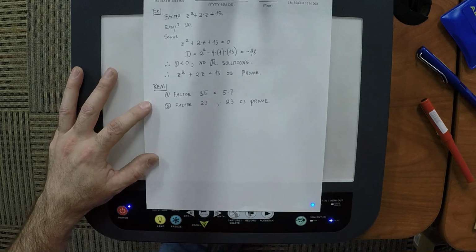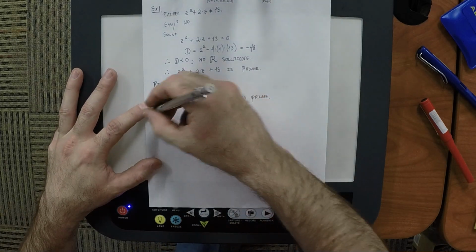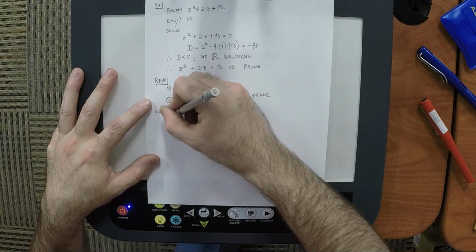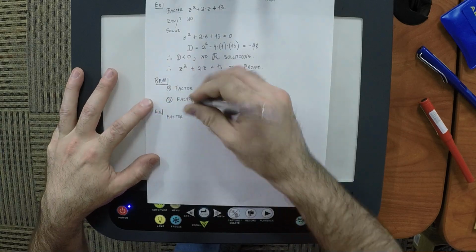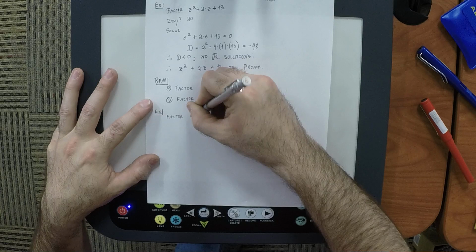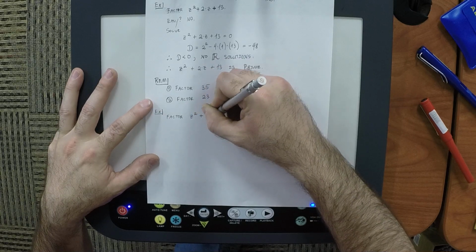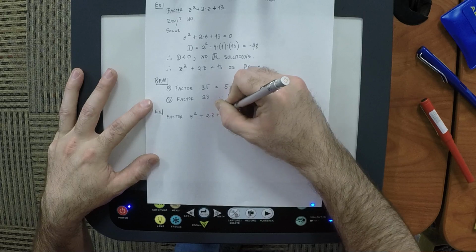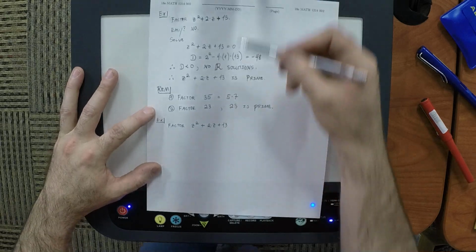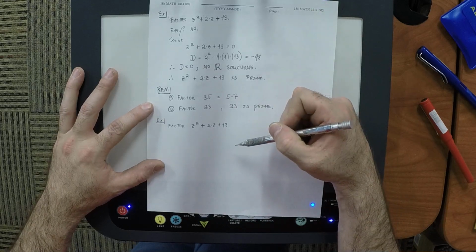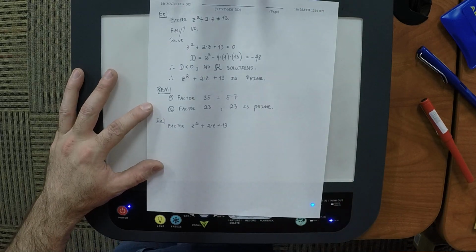Okay. Finally, if now the request is factor z squared plus 2z plus 13, that's the exact same polynomial as up there. Now if I stop writing, it would be exactly the same exercise.